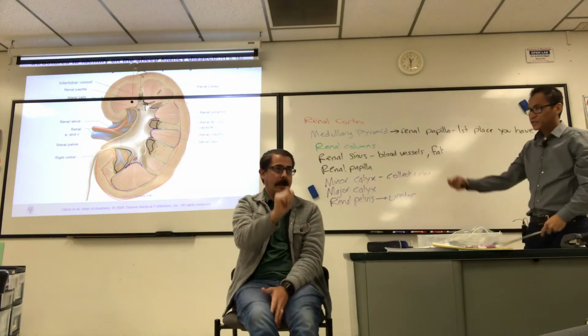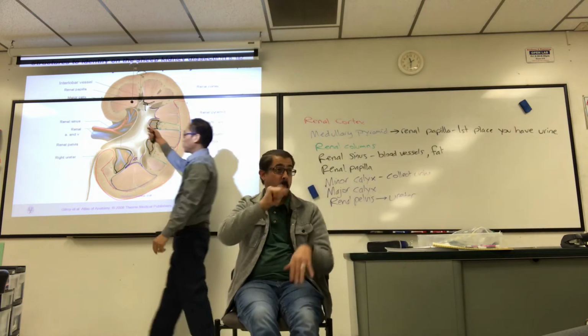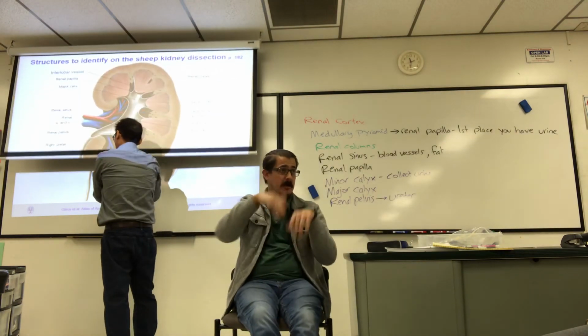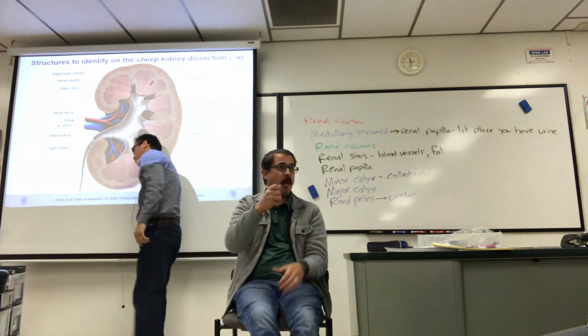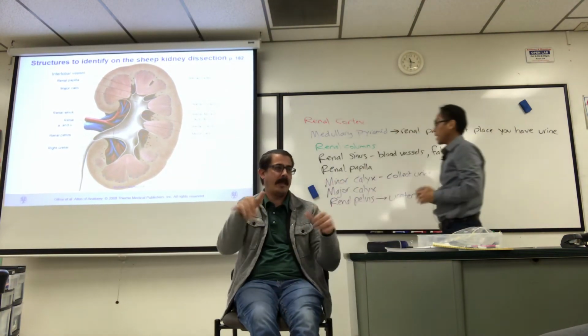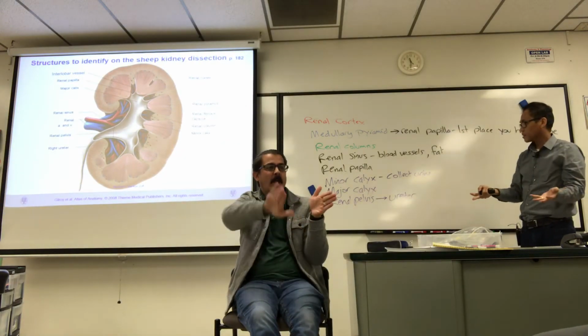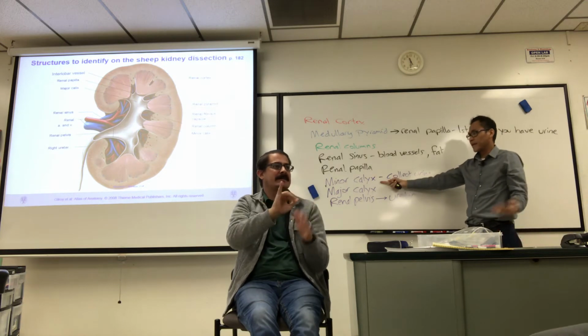Another analogy is usually given for this structure. It's like if you get a swimming pool installed in your backyard and you dig a big hole in the ground. A big muddy hole would represent the renal sinus. Then when you line it with cement or fiberglass, those represent the calyx.